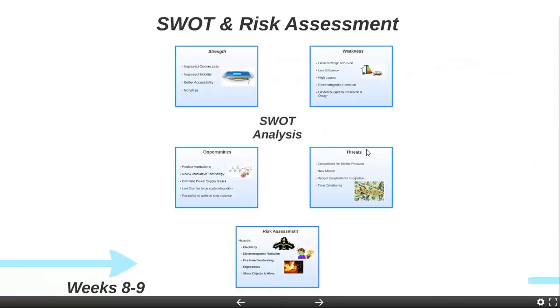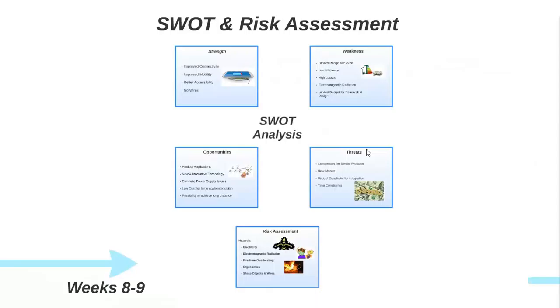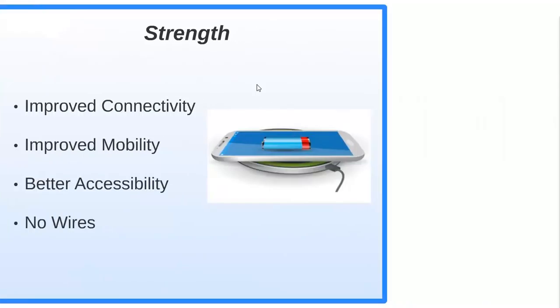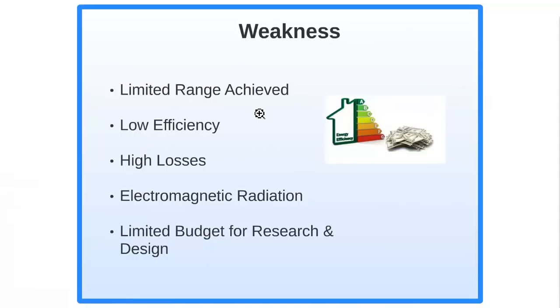And then from here we did the SWOT and risk assessment to analyze the project further. One of the important strengths to note here is the improved connectivity, where people can have access to their computer or mobile applications without having to have their cable with them. As for the weaknesses, the important things to note are the low efficiency and the high losses, because fluxes are generated in the air, and that has a direct proportion to how much expenses might cost.